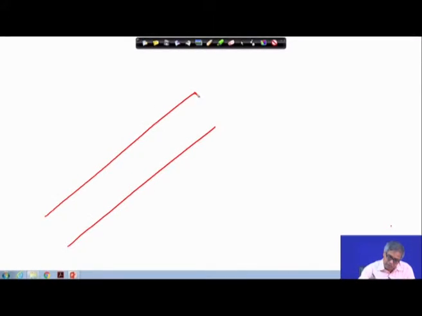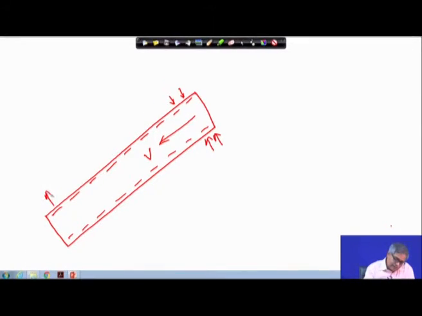A normal heat pipe is something like this. Let us say this side is the evaporator, there is a capillary structure inside. So, vapor moves in this direction V, and here it is the condenser.